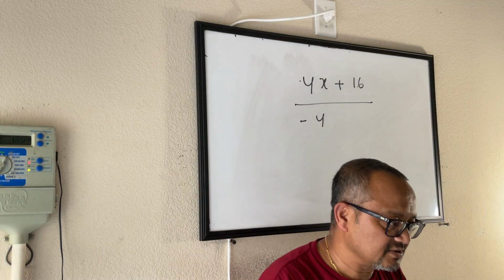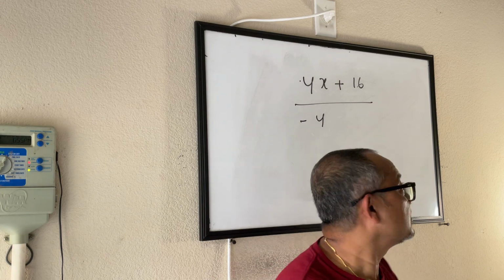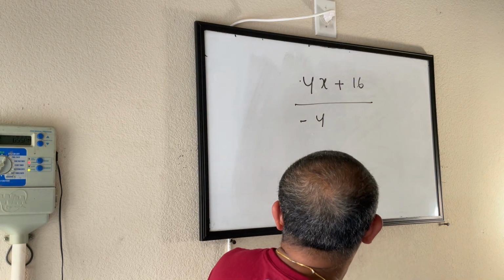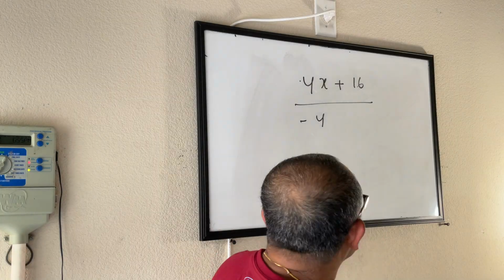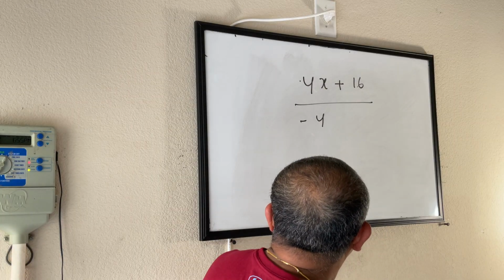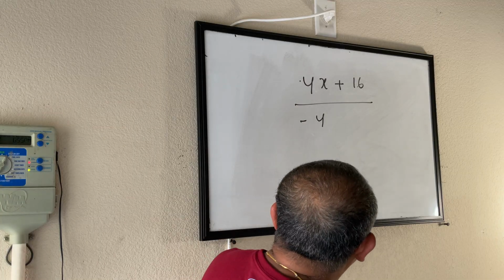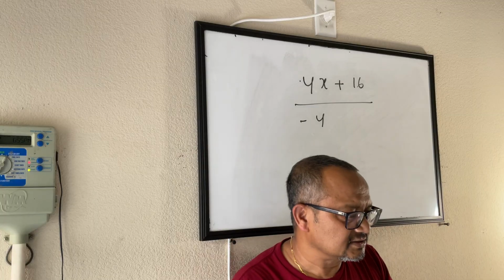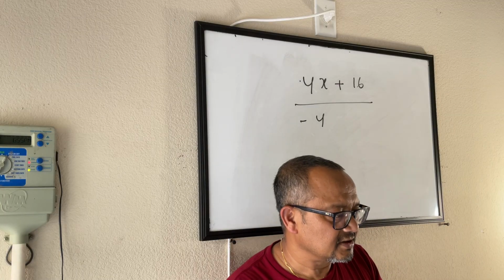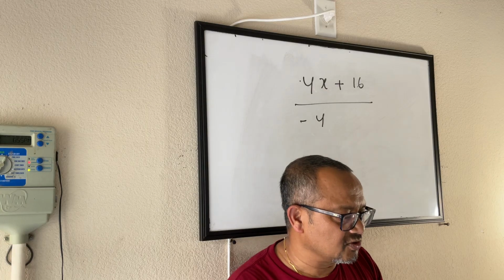Yes, Sarah. I got negative x plus negative 2. Okay. Why so? We'll see. Dikshita. Negative x plus 4. Okay. How about you, Kumari?